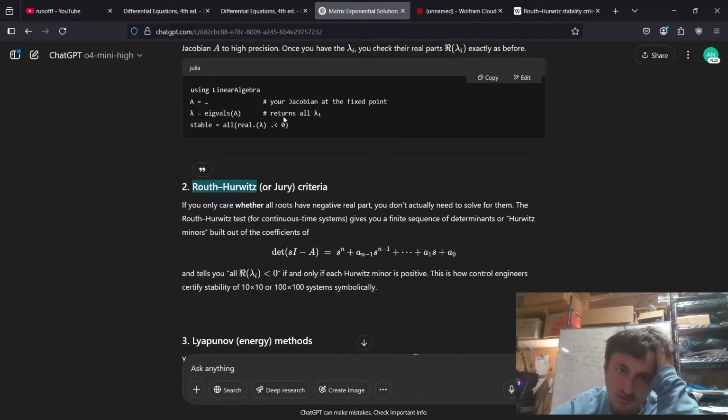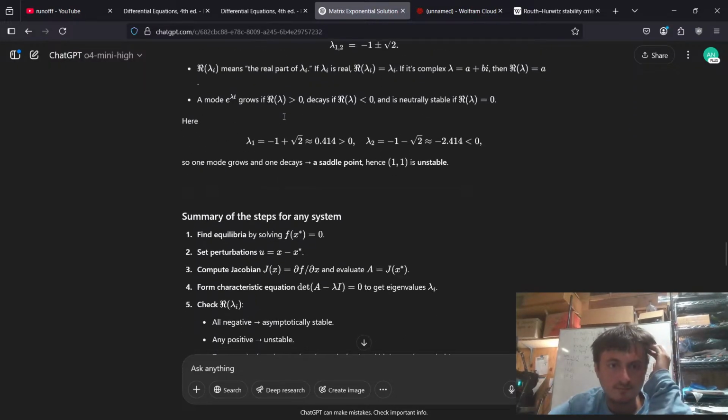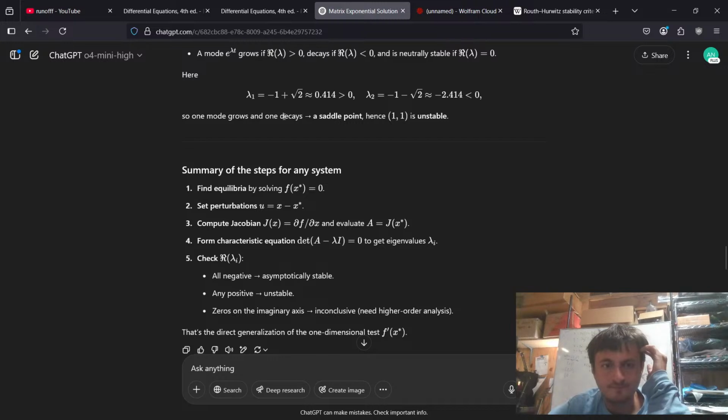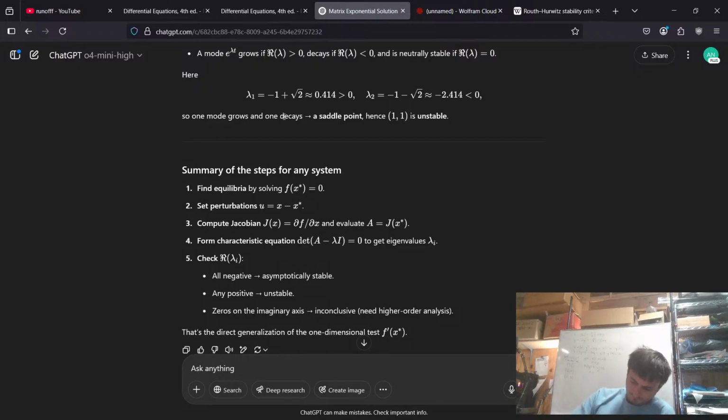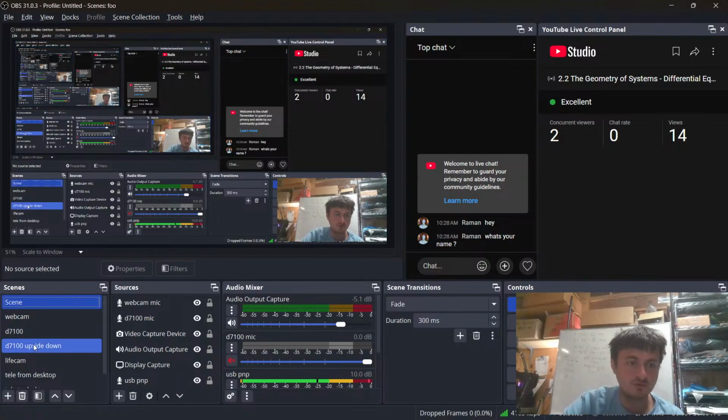The process is find the equilibria. All right, so let's do a 1D and then we'll do a 2D.